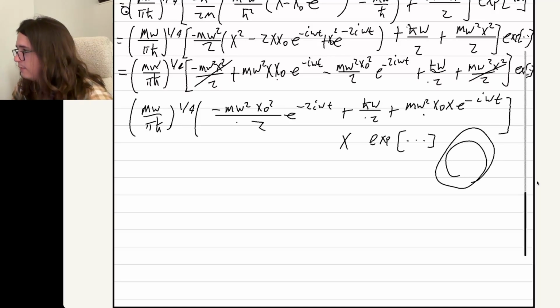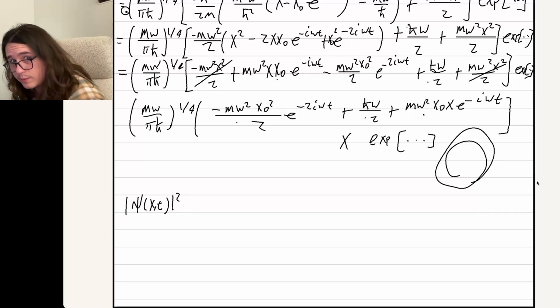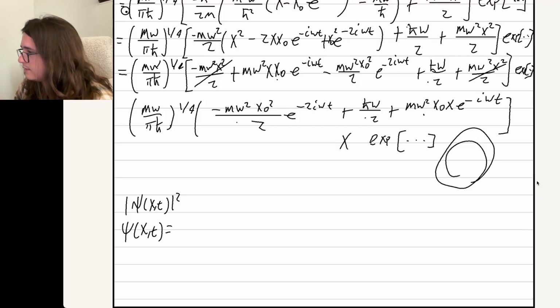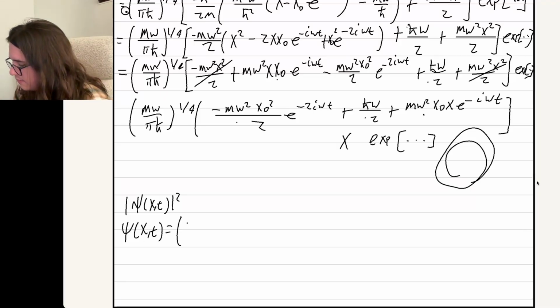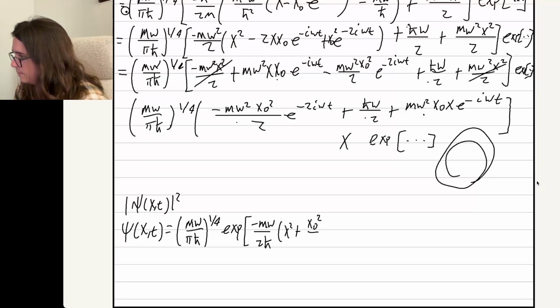So let's now move on to finding the square modulus of the wave function. But instead of doing that immediately, I'm going to rewrite the wave function given in the problem in a way that is going to be easier to work with, given the context of squaring it. Just separating anything that depends on i from the rest. So putting all the real stuff in one exponent. It's here, x squared plus x naught squared over 2.